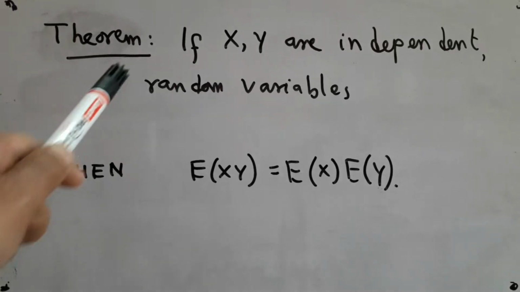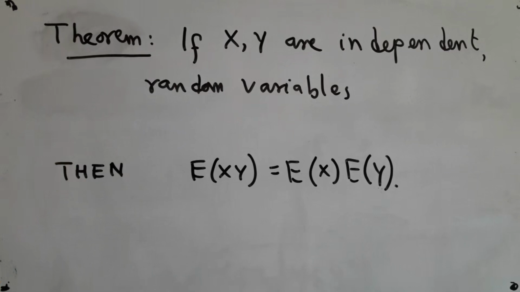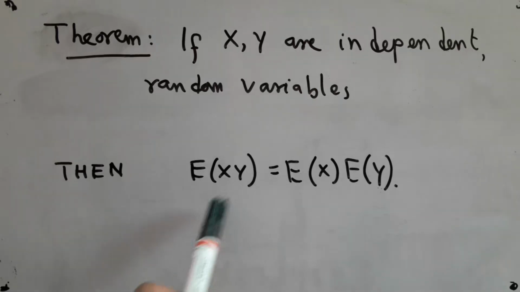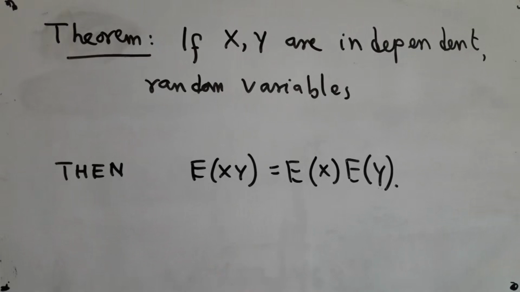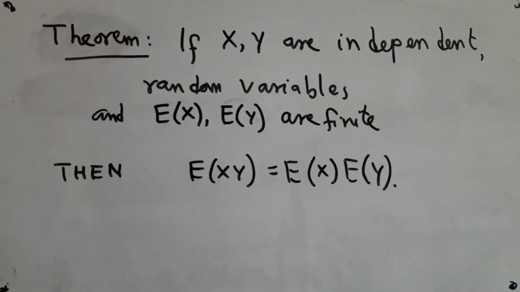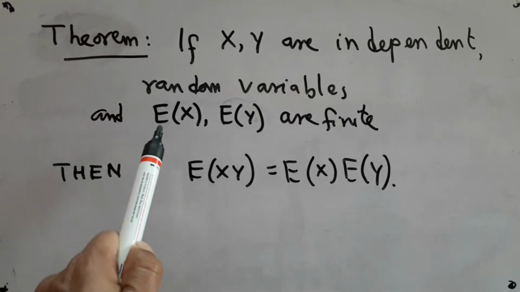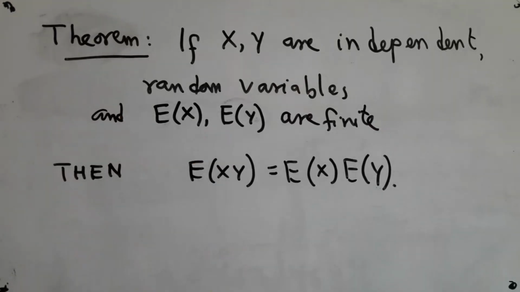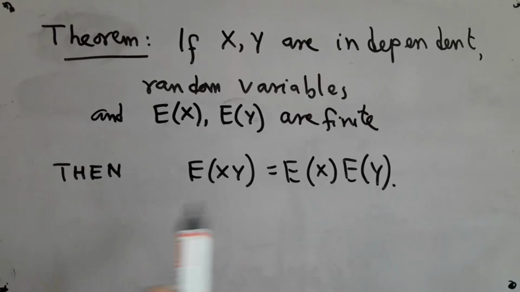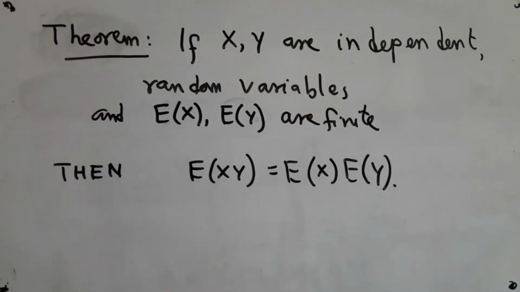But since once we drop this simple condition, now expectation may be infinite or may even be undefined, we may have problem with one or both sides of this equality. So we shall put some extra assumption. The condition is that expected value of X and expected value of Y are both finite, then we have the same consequence.